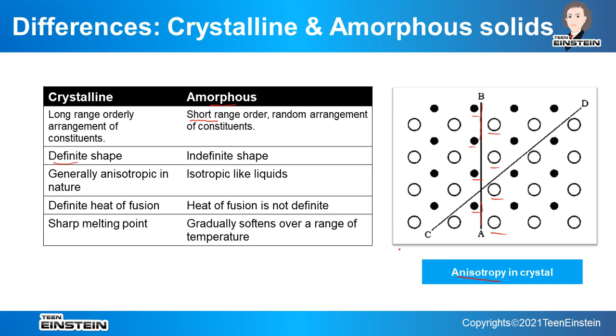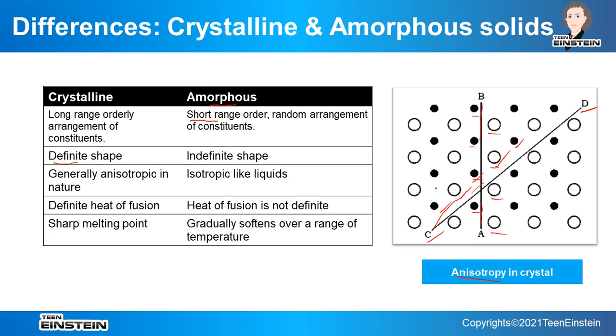So this is one condition. And now suppose we are moving along this direction, that is C to D. Now what we are seeing is that on both sides there are alternate black dots and white circles.